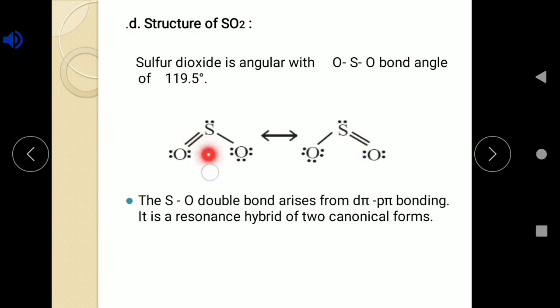Out of these two bonds, one bond is a direct sigma bond, but the next bond, the pi bond, is because of the p orbital of oxygen and the d orbital of sulfur. They overlap, known as d pi p pi overlapping, and they form a double bond. These are the two canonical forms or resonance forms of sulfur dioxide.